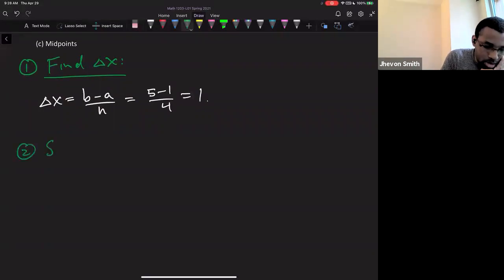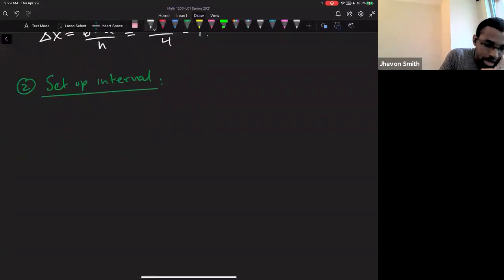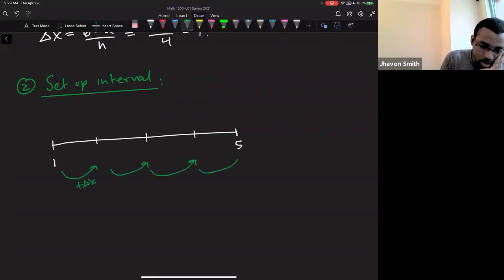Now we're going to set up the interval. Now, this one is going to be different from the others in the sense that how we set up the intervals originally don't really work. Again, we begin that way though. We add the delta x, and we add it, we add it, we add it.